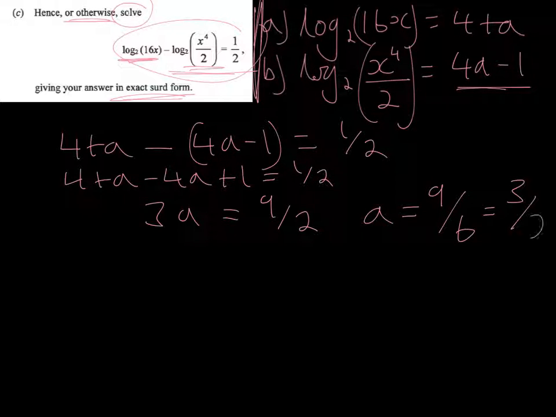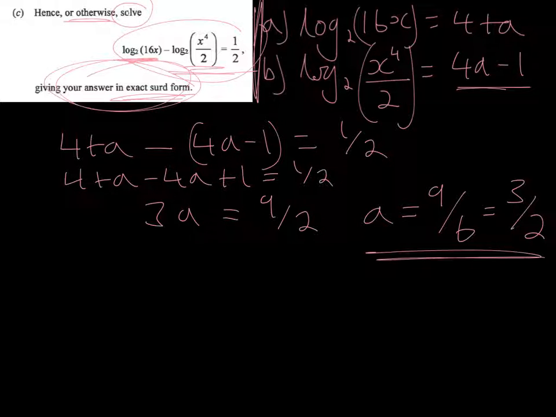So there's a value of a, but at the moment that doesn't seem to reconcile with what the question's asking us to do, which is to give an answer in exact surd form. We are told in the question that log to the base 2 of x equals a.